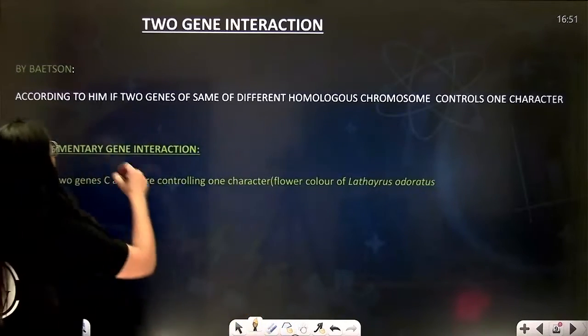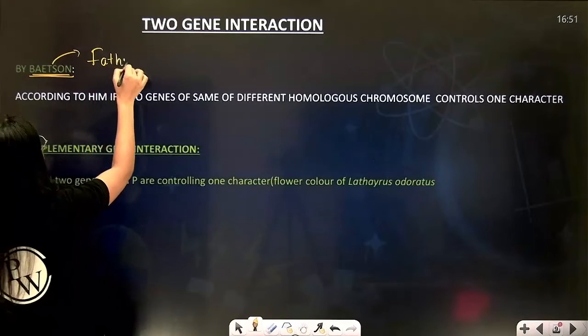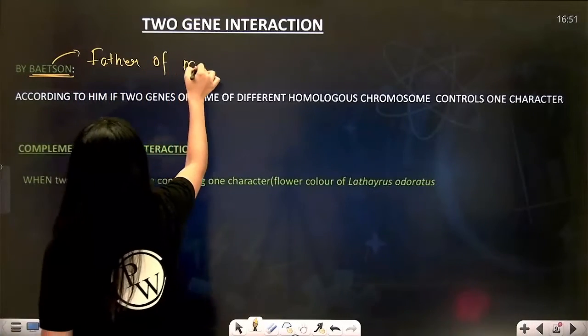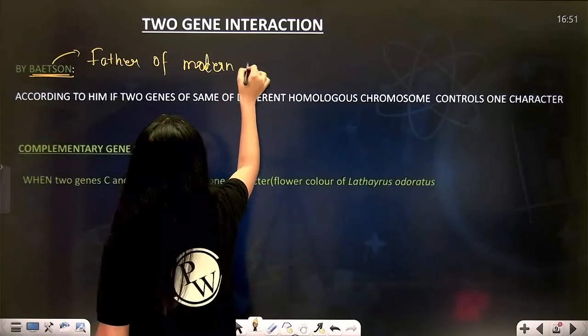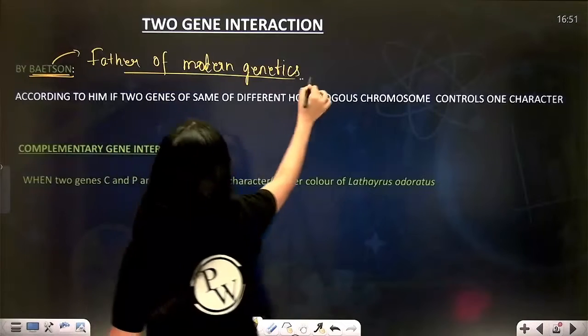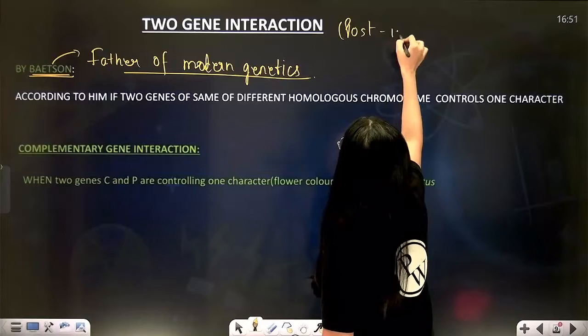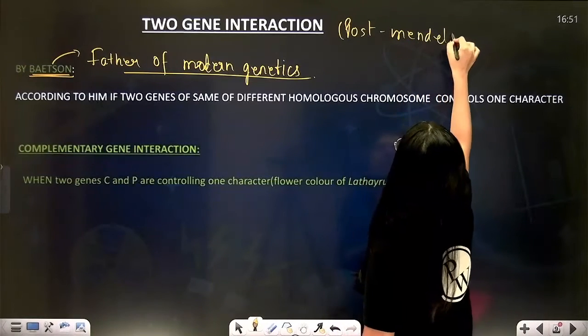Modern genetics. So Bateson is known as the father of modern genetics. This two gene interaction we are now going to see, which is a post-Mendelism effect.